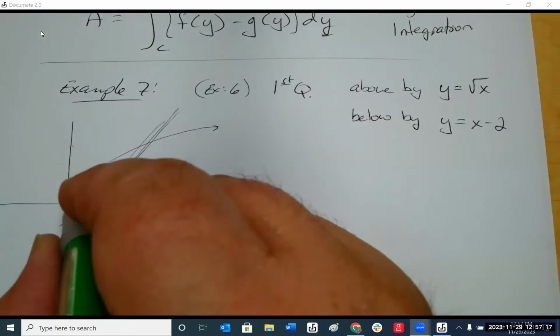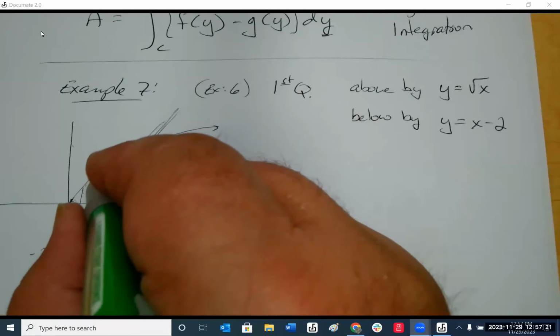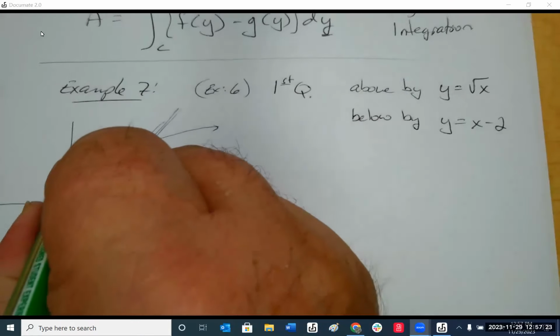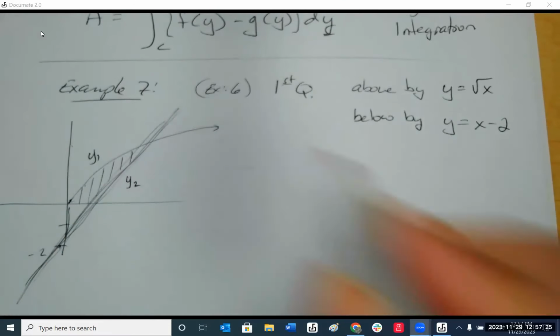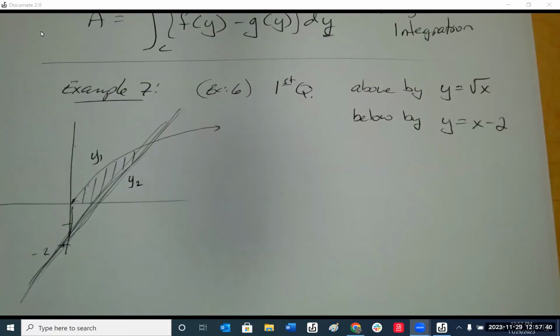So in example 6, this is y1 and this is y2. We're looking for our upper and lower bounds, and the way we do that is by setting root x equal to x minus 2.